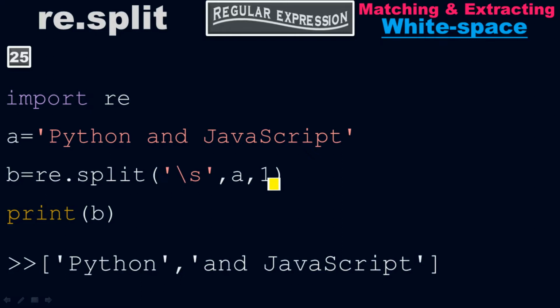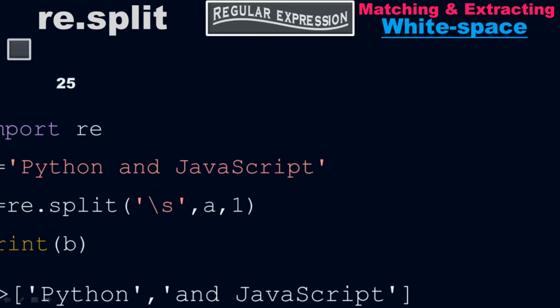This one means to move one step ahead in the white space, which means only ignore the first white space. During splitting, we have Python separately and then comma, and from here up to the end, JavaScript. This is another split. The first one has been ignored because of this one, and the second one has been covered here in the second split. So I hope you got the point now.